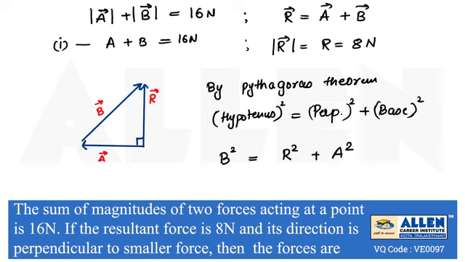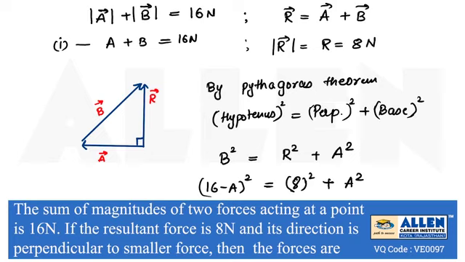Now we will use equation first for solving this, and in place of B we can put (16 minus A) whole square. R square can be written as 8 square because its value is given as 8 Newton. So we are using R equal to 8 plus A square.